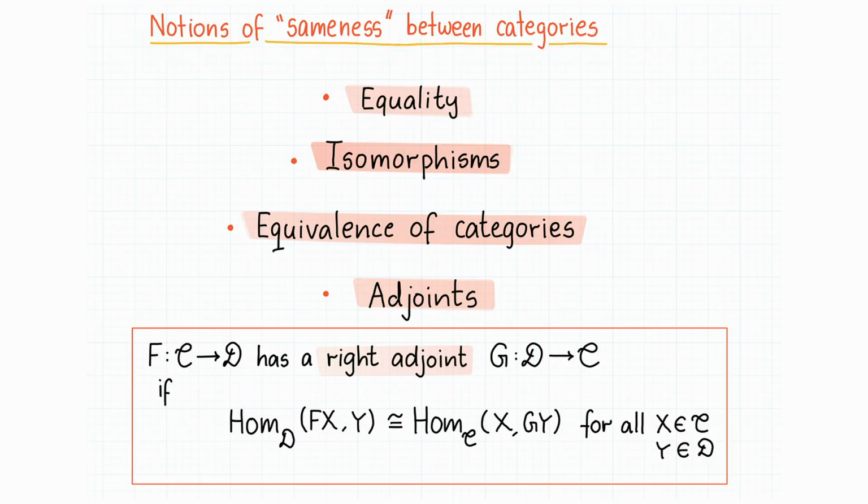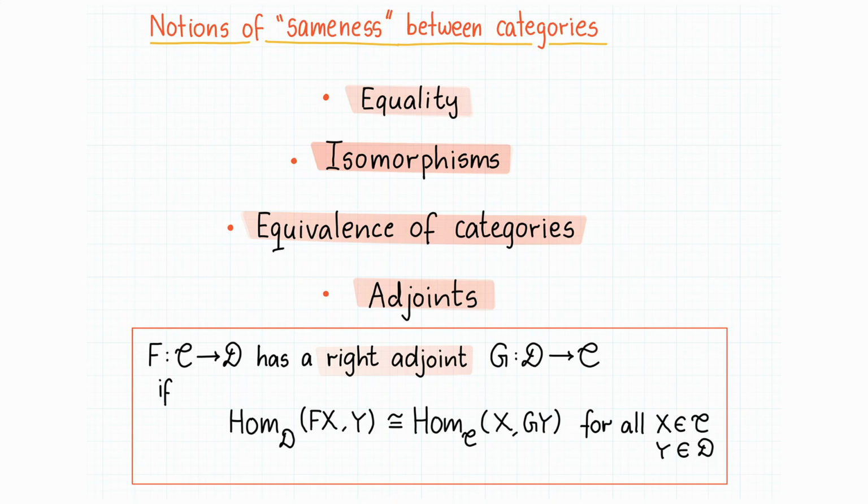Okay, so you have a lot of notions of sameness in categories. First you can have equality, where C is equal to D, or you can have isomorphisms. And when you come down to the level of equivalence of categories, you really start using the philosophy of category theory, which is that the morphisms are the important thing that you need to look at rather than the objects themselves.